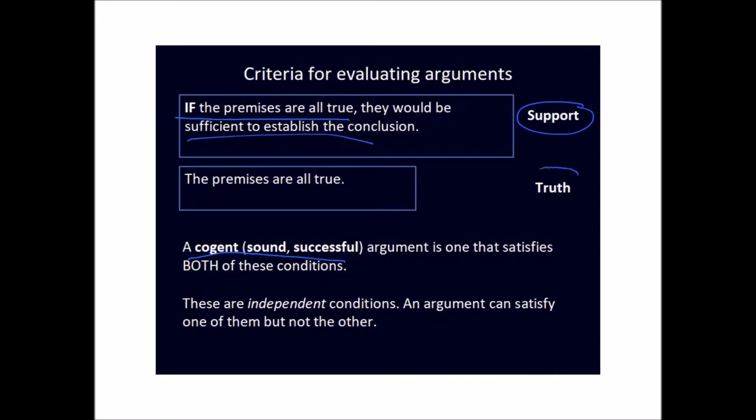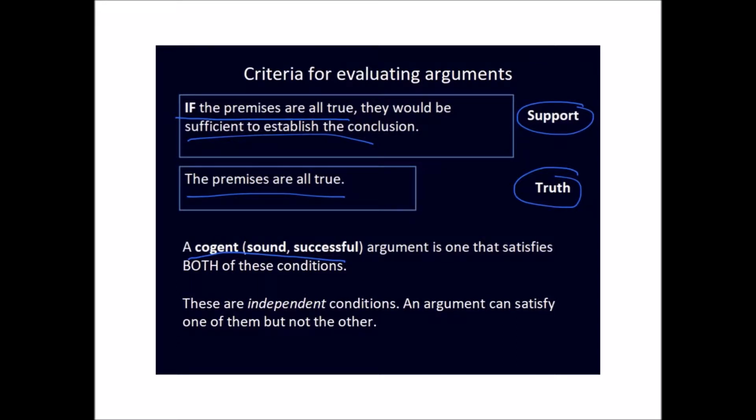And if the premises are in fact all true, then we do have a good reason for accepting the conclusion. So an argument satisfying both of those conditions succeeds in establishing its conclusion, and we'll call arguments that do that cogent or sound or successful.